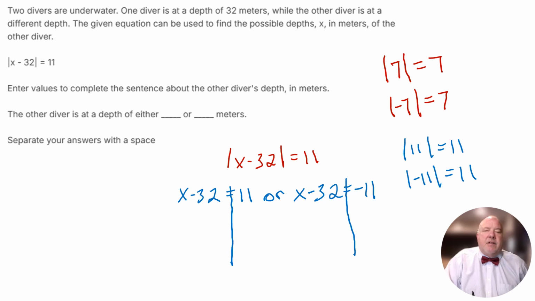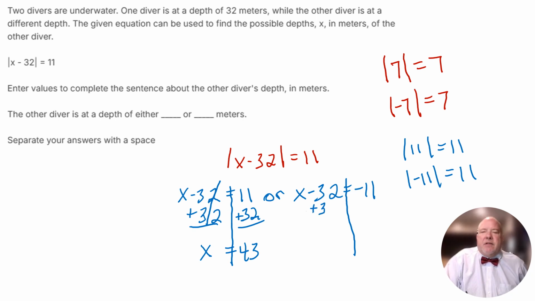I have minus 32, so I do plus 32 on both sides of the equation so that we keep it balanced. So minus 32 plus 32 goes away, that's 0. And then I have 11 plus 32, that gives me 43. And then I solve this one the exact same way.